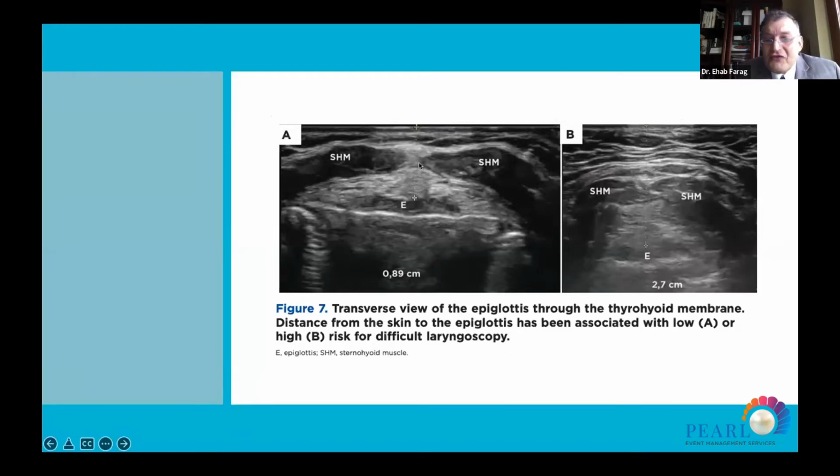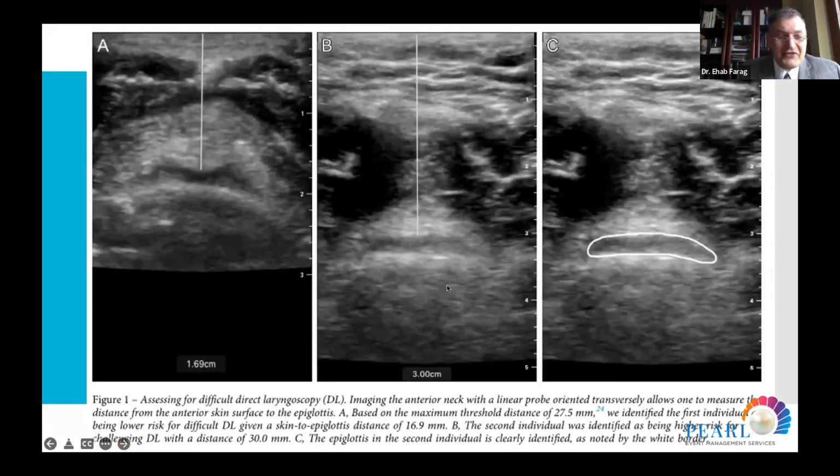You can measure from the skin to the epiglottis in the transverse view, between the hyoid and the thyroid cartilage, and you can see the distance here is 0.89 centimeter from the skin to the epiglottis. This is an easy intubation. However, here the distance increases to 2.7 centimeters, so you can expect that this patient will be at risk for difficult intubation.